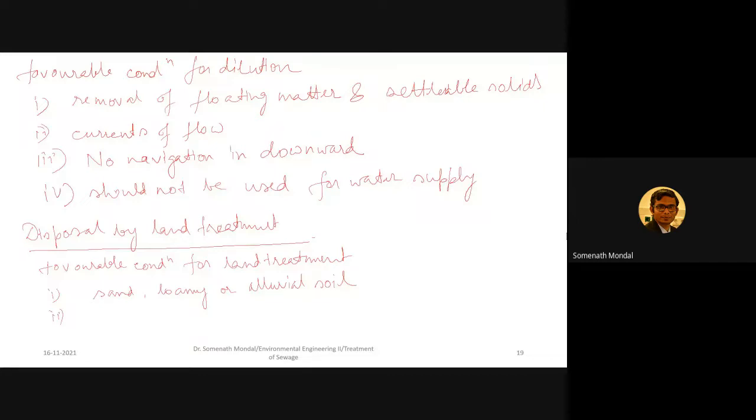Basically, we have to ensure that these are shallow water bodies, and there is no direct link with the groundwater table.